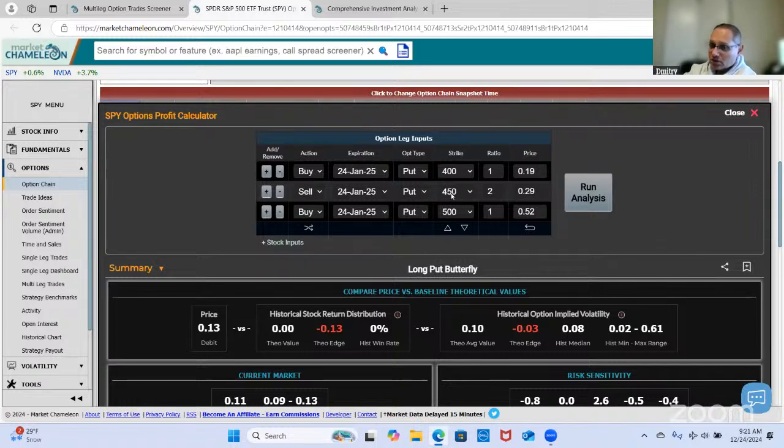If it goes below, well, you sold two, bought one. So you're going to lose, right? That's not exactly a 1-for-1 put spread, you sold two of these. So you're stopped out at 400. Okay. So it's like buying a put spread and selling a put spread. That's the butterfly.